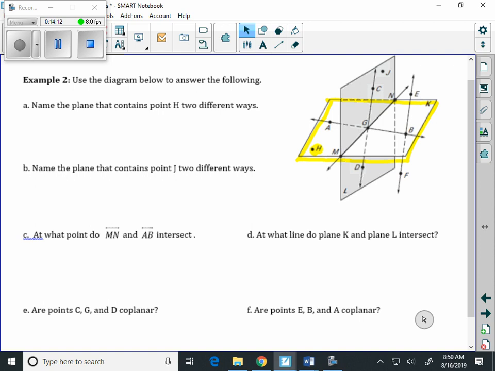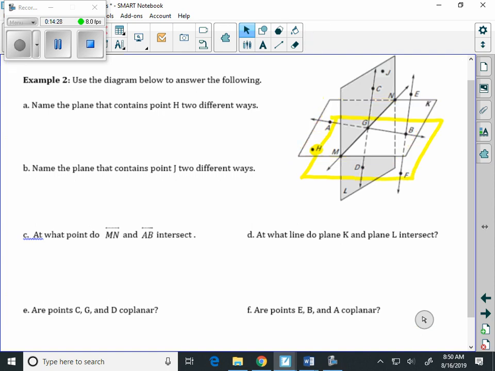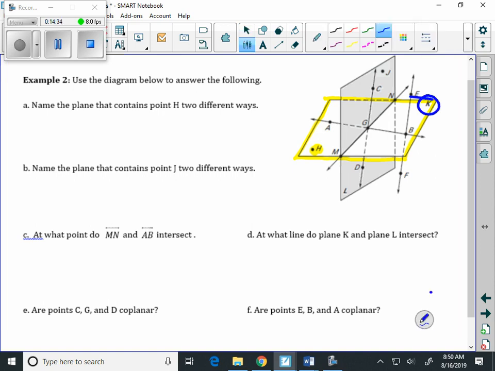Well, the way that we indicate that plane is we can name it with the italics. The italics name of this, which is plane.